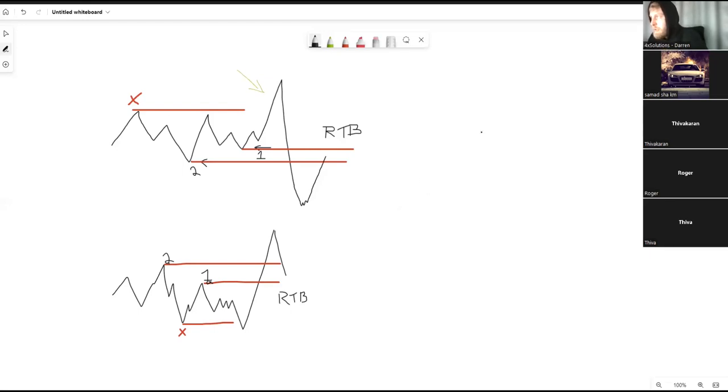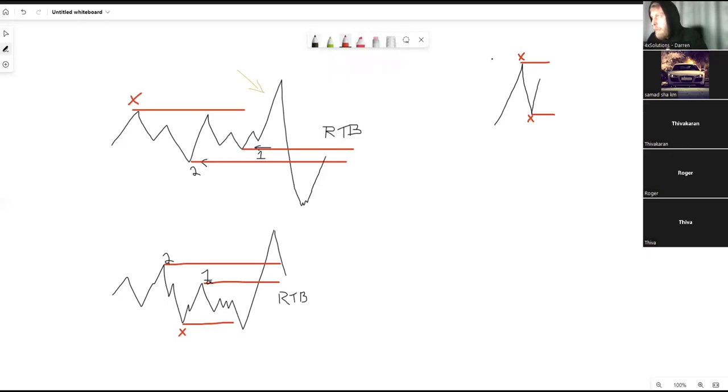Okay, so if we understand what the breaker is, let's quickly look at the mitigation. The mitigation is a move high over here and then a move low. So we've made a high, so there's liquidity above this high, and price makes a swing low at the bottom over here. Price moves away from that swing high to that swing low, and it generates liquidity both on the upside and the downside.